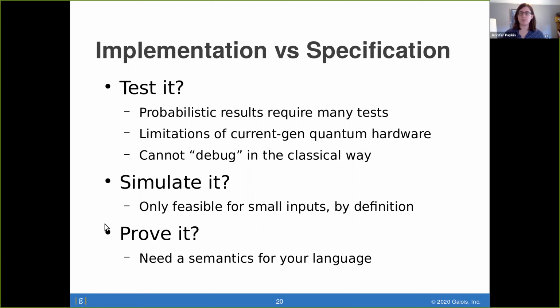So this was sort of the motivation behind doing this formal verification: if these other tools for debugging and ensuring the correctness of our quantum programs don't work for near-term quantum programs, then we should enable formal verification as part of our development process, as part of our way of knowing that we've written the right program. And in order to do that, we need a semantics for our language.